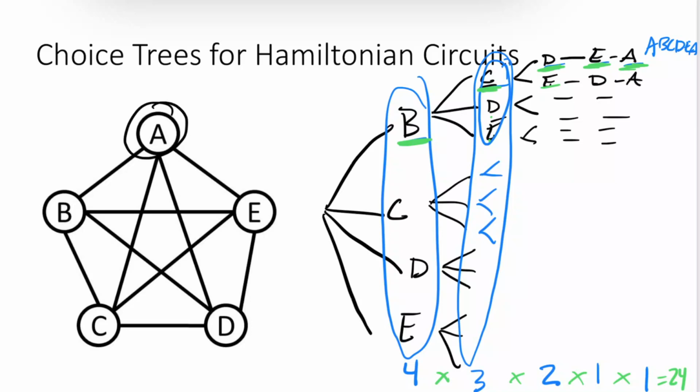And it's still the same circuit, whether you're going around the circuit in one direction or going backwards. And so you would take this number and divide by 2, because the choice tree will double count the number of circuits. And so the number of Hamiltonian circuits in a complete graph on 5 vertices would be 12.